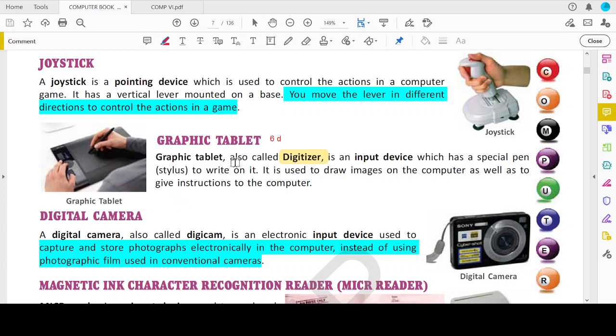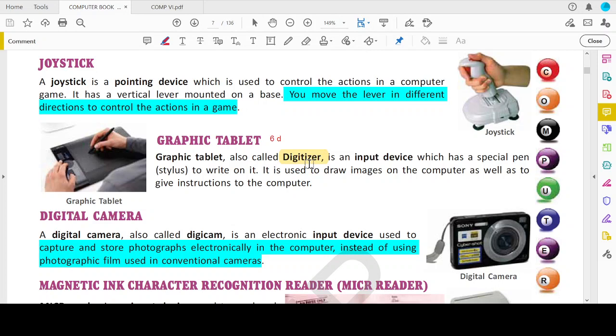Graphic tablet, also called a digitizer, is an input device and has special pens to write on, and it can be used to draw images on the computer and give instruction to the computer as well. So whatever you are drawing, you are drawing it on a digital canvas, and it will be made digital.